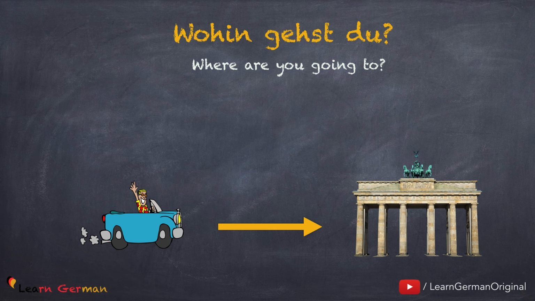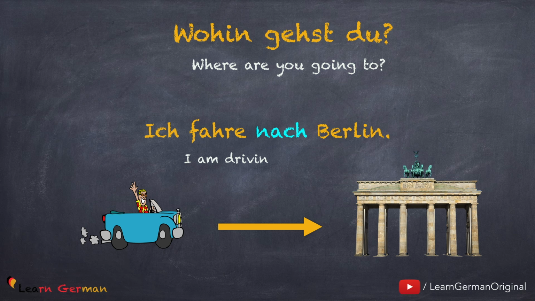In this case, you would say Ich fahre nach Berlin. So, with cities, you would use nach Berlin, nach Frankfurt, nach New York, etc.